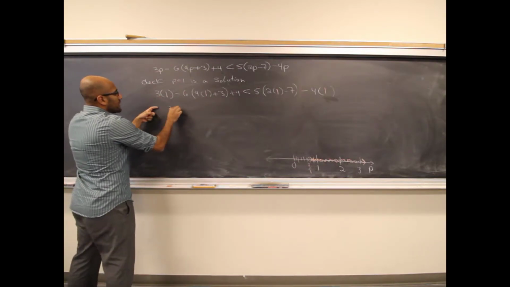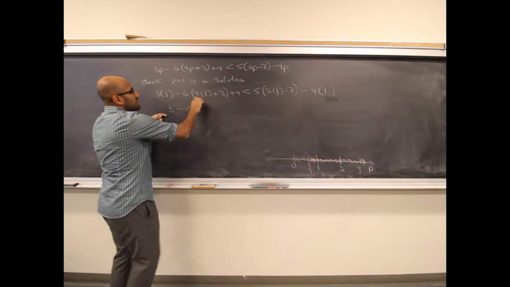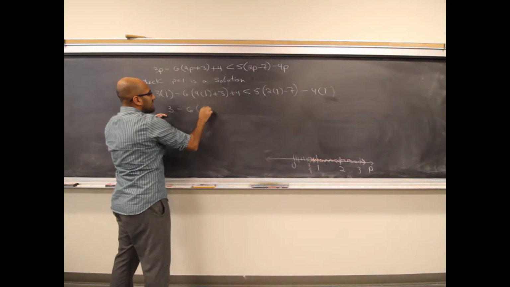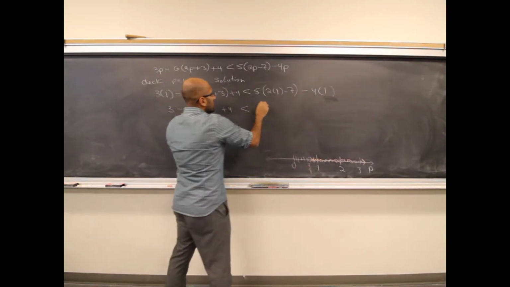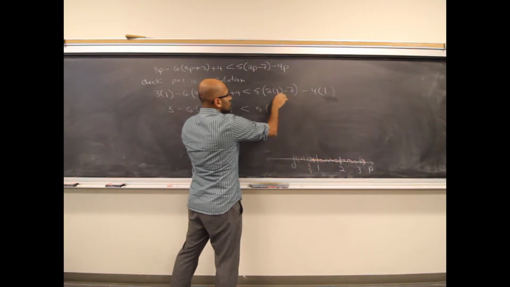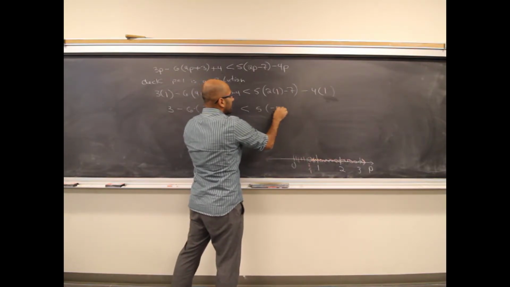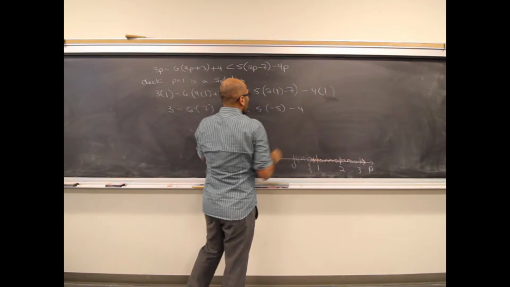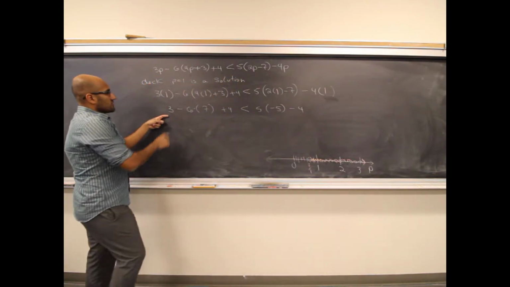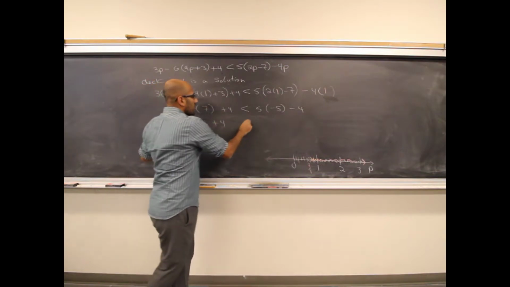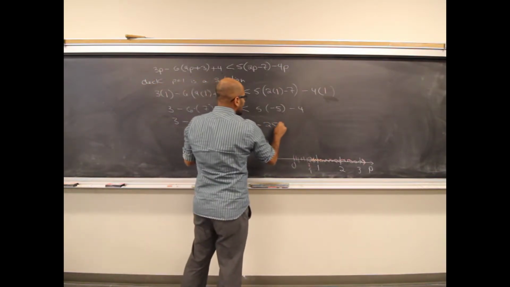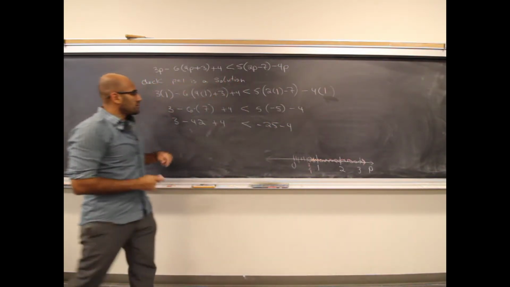Well, this is just going to be 3 minus 6 times, that's going to be 4 plus 3 is 7, plus 4 is less than, this will be 5 times 2 minus 7 is negative 5, minus 4. So this would be 3 minus 42 plus 4 is less than negative 25 minus 4.